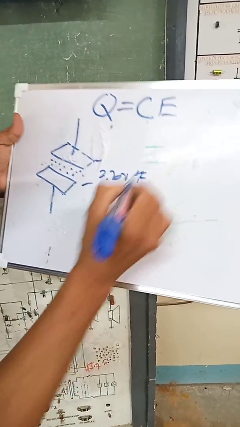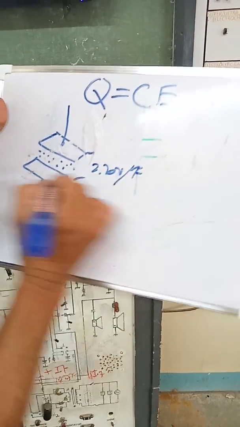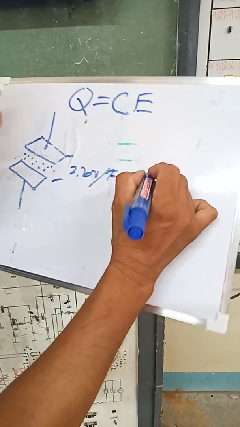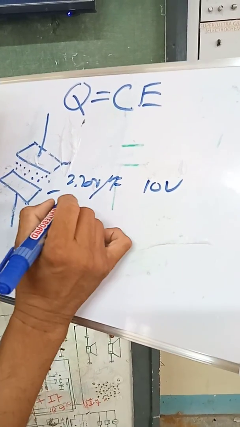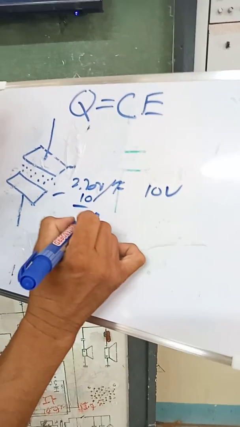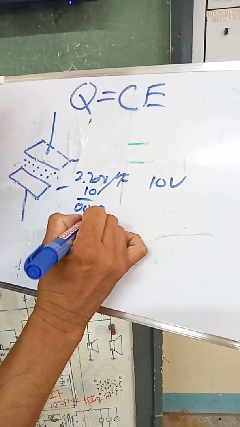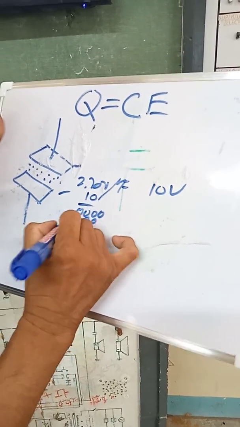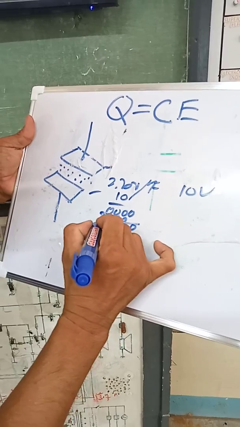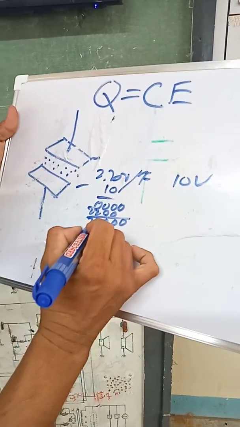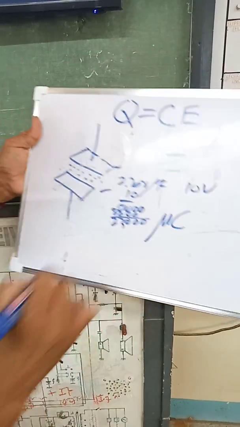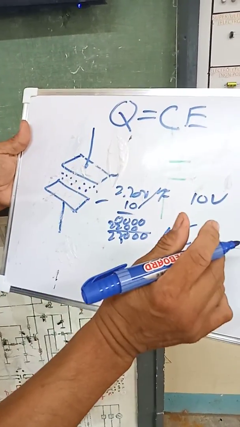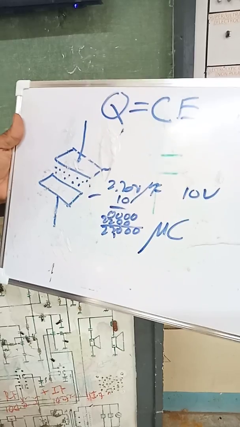For example, if the capacitance here is 2,200 microfarad, and the voltage applied is 10 volts, how much is that? 2,200 times 10, so it is 22,000 microcoulomb. The unit for electric charge, Q, is coulomb.